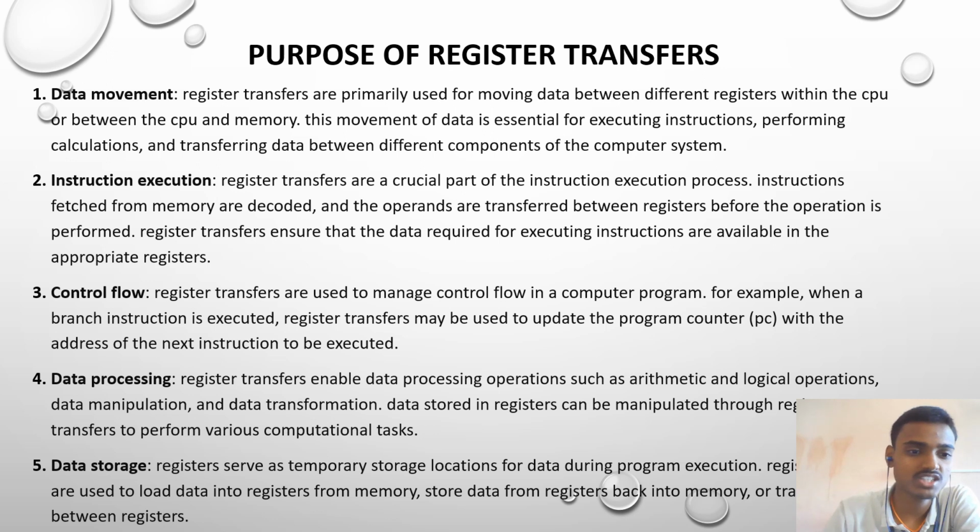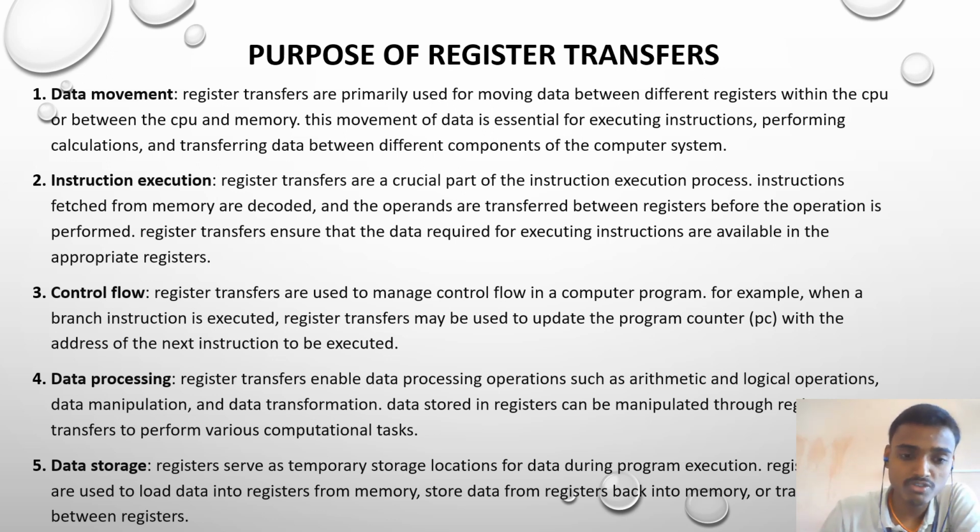computer system. The second one is instruction execution. Register transfers are a crucial part of the instruction execution process because, in instruction execution, the instructions are fetched from memory and then decoded. The operands are transferred between the registers before the operation is performed.